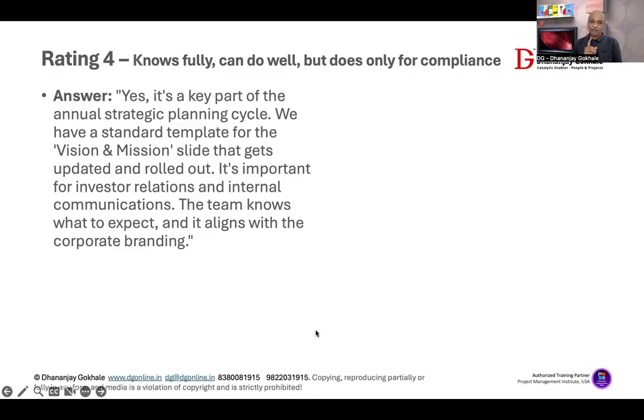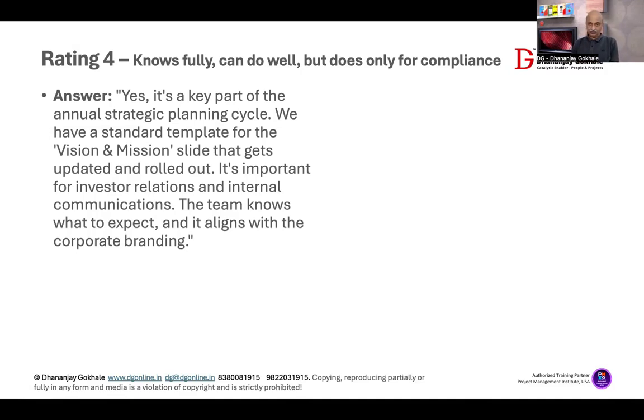And now see the answer for rating four. This is a beautiful answer. I mean, score four is tricky. Yes, it is a key part of the annual strategic planning cycle. So this person knows where it takes birth, what is the cause of it, why it is required. We have a standard template for vision mission slide.